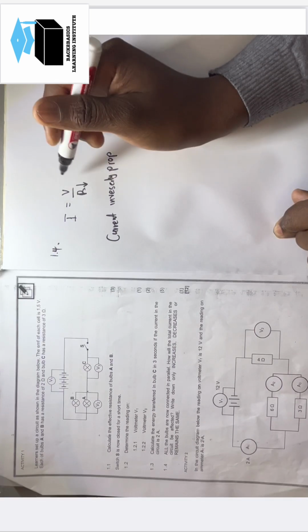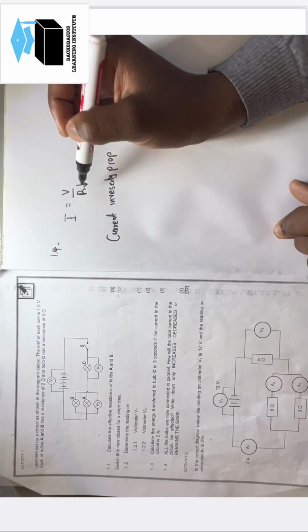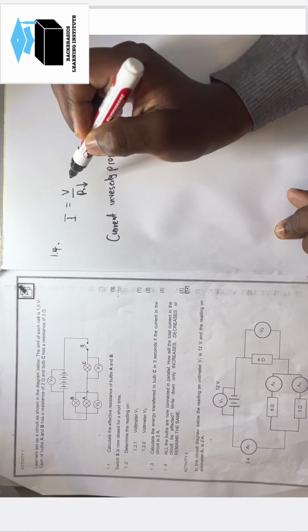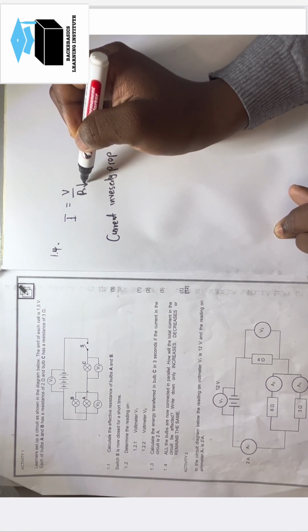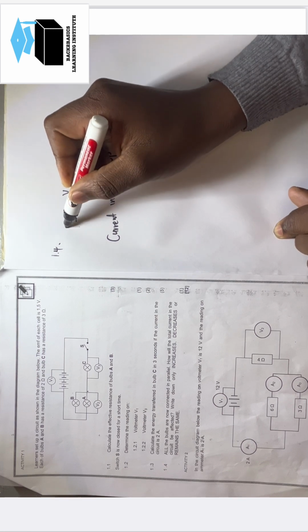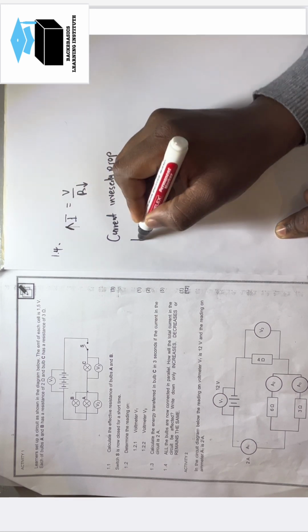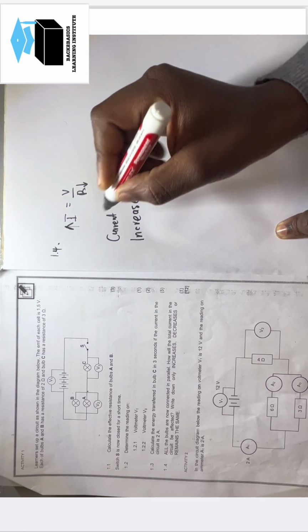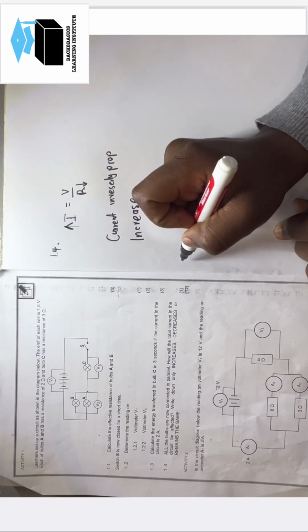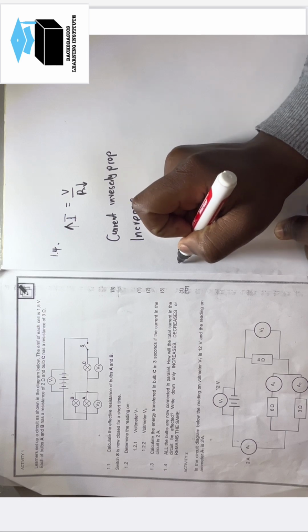So in this case, the resistance has decreased, so your current is going to increase. The correct answer is increase, because current is inversely proportional to the resistance.